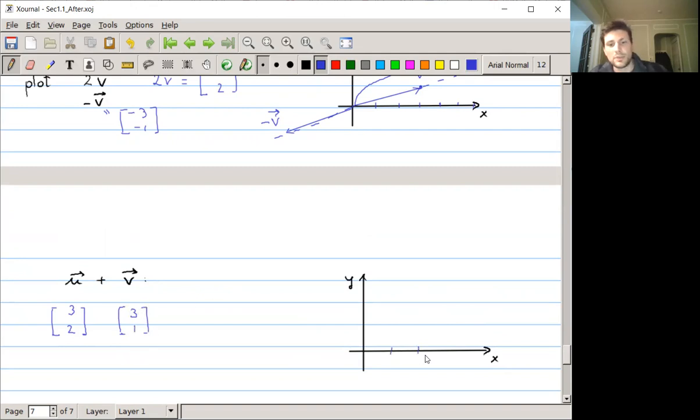I'll draw this a little bit out of scale just to make the picture a little easier. These two vectors here, I'll plot them. We said v is here and u maps up here. Let me give them names. This is u.